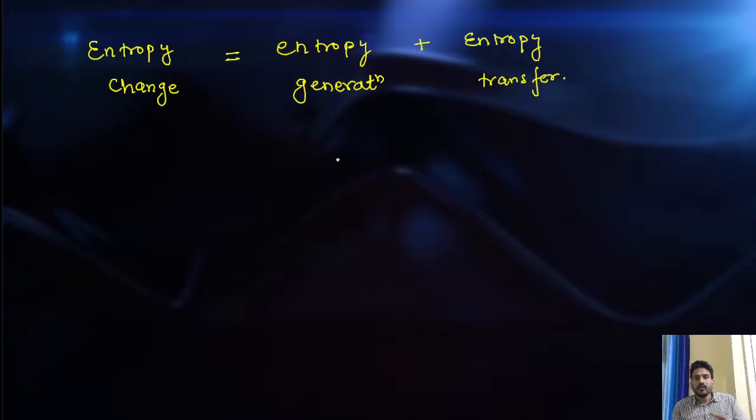Now let's discuss these two terms. Entropy generation, as its name suggests, is entropy generated. This entropy comes into the system due to some generation, so it is always positive.